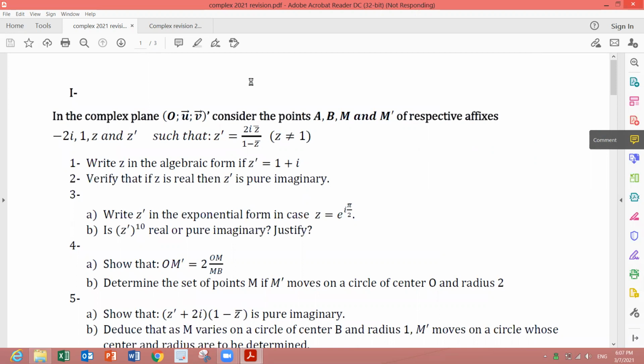In the complex plane OUV, consider the points.